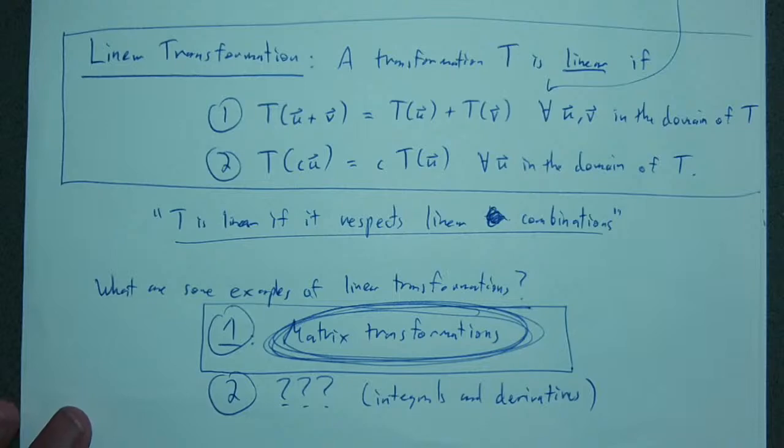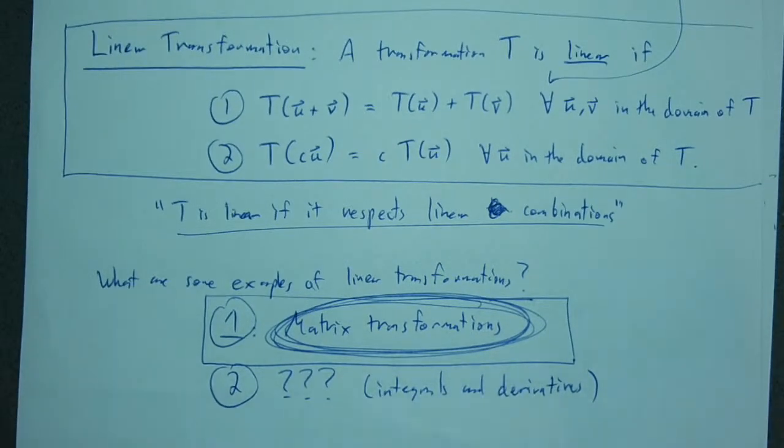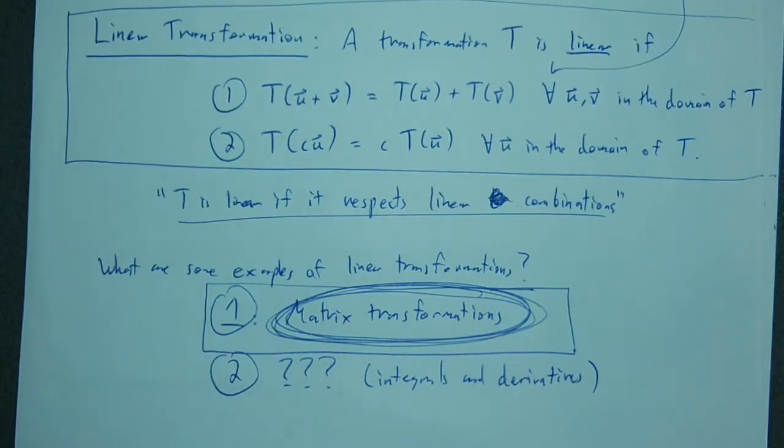Okay. Now, at the very end of class, I said, well, what are examples of linear transformations? Our first example of linear transformations is going to be matrix transformations. So I give you a matrix. This is going to define a linear transformation. And the reason it's going to be linear is because of those facts about multiplying matrices by vectors that we talked about a few lectures ago.